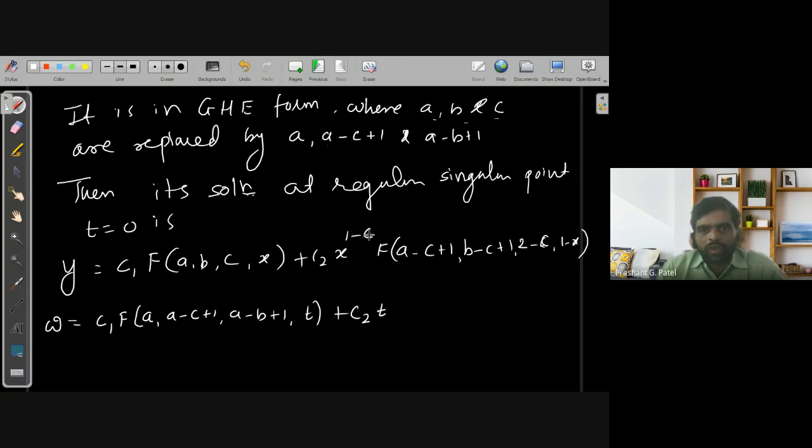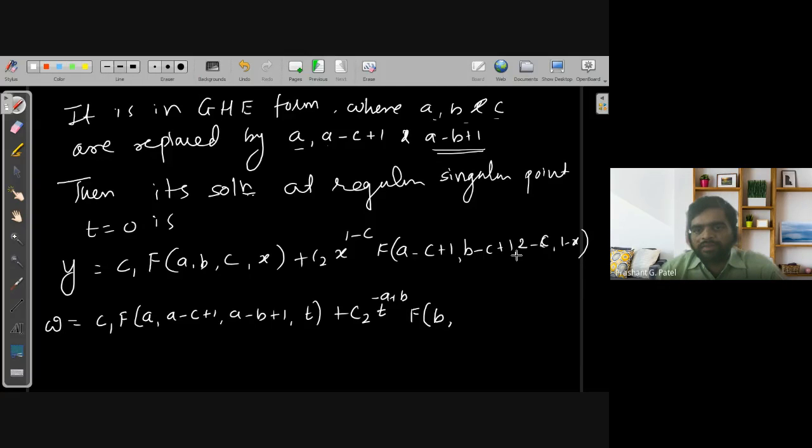Now what is 1 minus c? c is this, so that will give me b minus a. F of a minus c plus 1. This is a minus c, so a will get cancelled, and plus 1 minus 1. So it will become b.